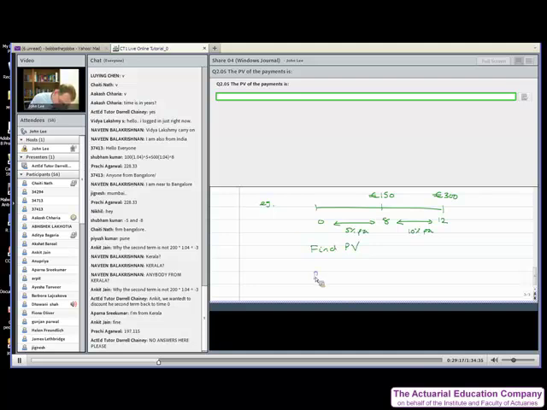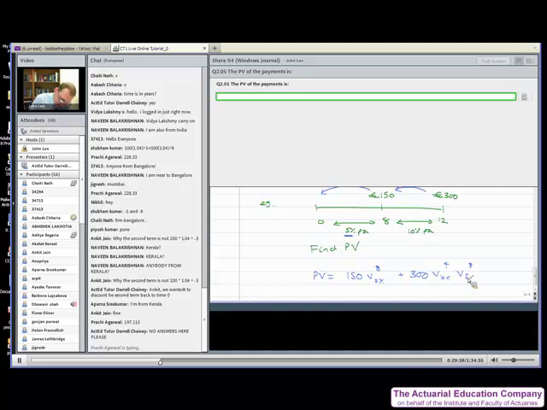So, if you were writing this for the examiner, the 150 needs to be discounted for 8 years at this 5%. So you could write it like that for the examiner. And then the 300, this is where a lot of people went wrong. We need to do 4 years at this 10%, and that will take us back to time 8, and then we need to do 8 years at that 5%.